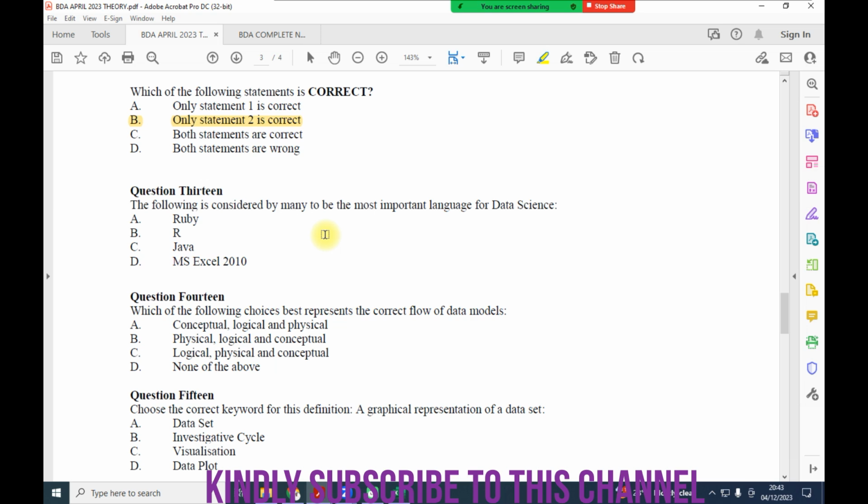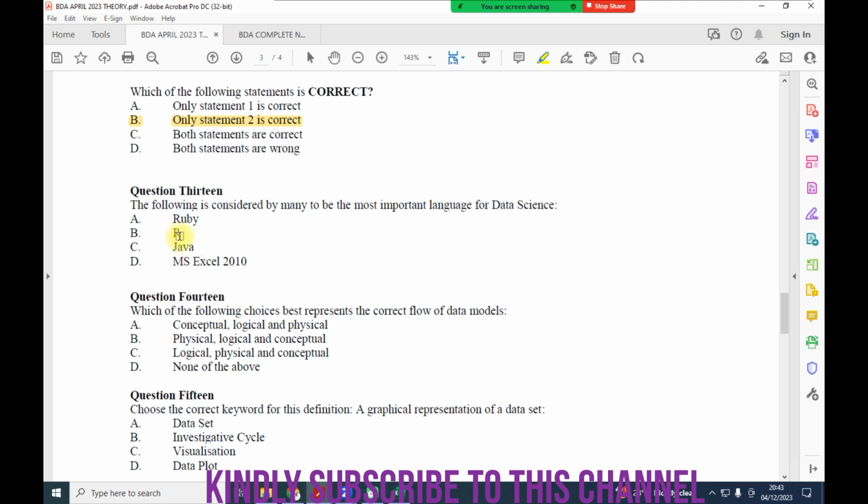Or the others? You'll find that when we are dealing specifically with data science, we need to analyze the data, we need to extract, deal with data mining and so on. So MS Excel cannot be used, and even Java. Java normally is for programming, because Java is a programming language.